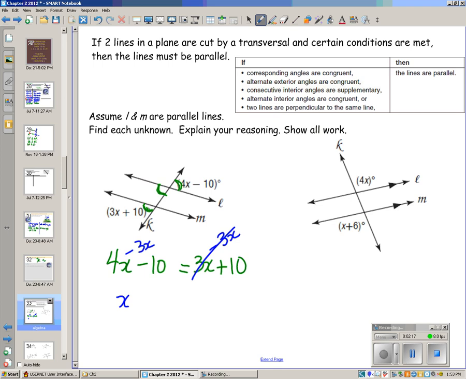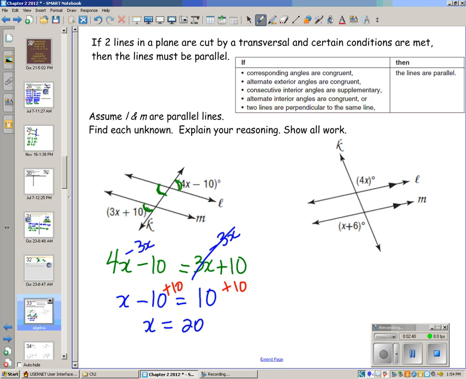So we end up with x minus 10 equals 10. How do we get rid of that subtracting 10 on this side? Add 10 here, and we'll add 10 here. So what is x going to be? 20. x equals 20.